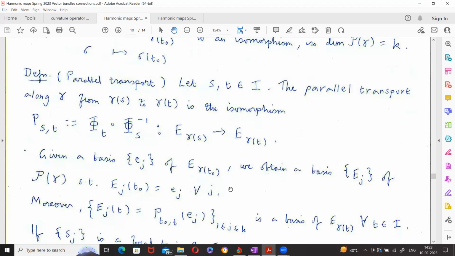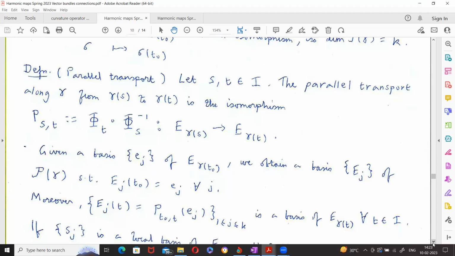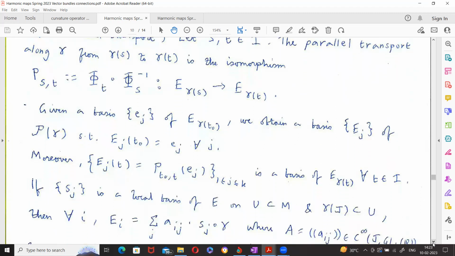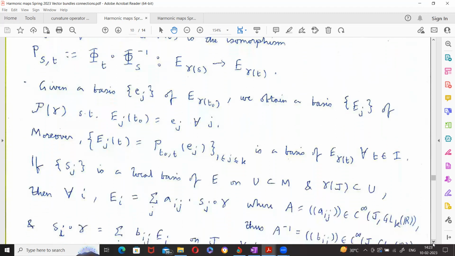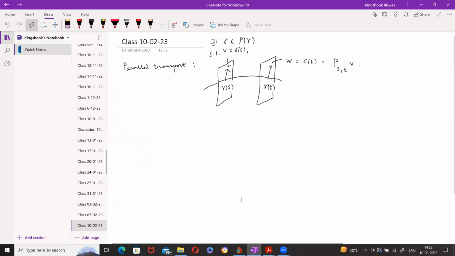And since the evaluation at any time t is also an isomorphism, evaluating the E_j at any time t will give you a basis of the fiber at gamma t. So in this picture, I start with a basis at one fiber and I parallel transport them.